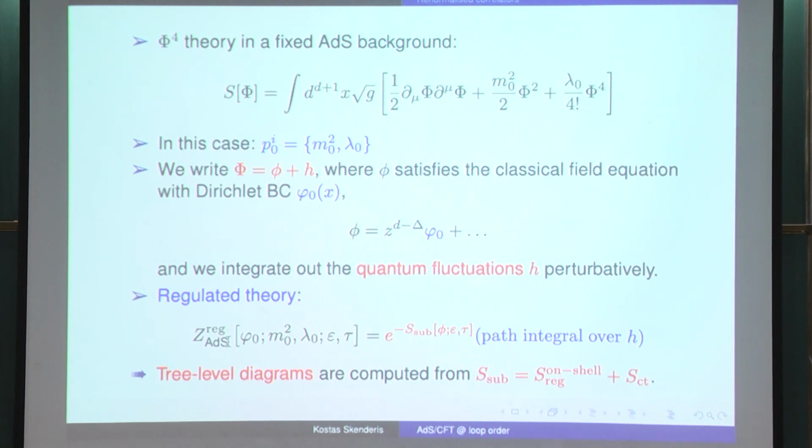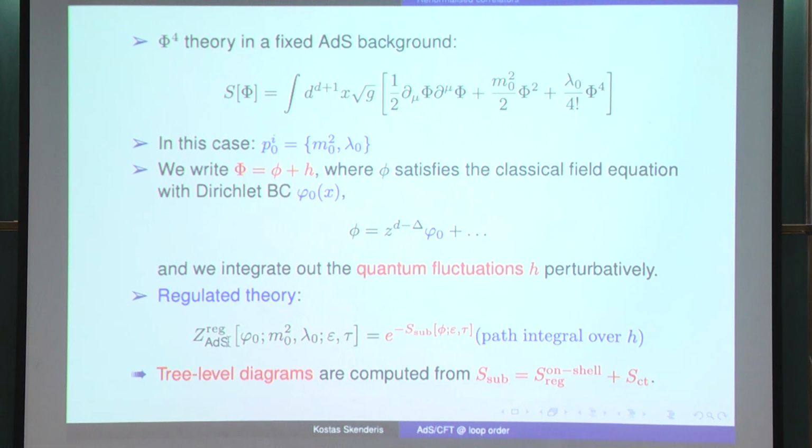Now to discuss loops, we're going to take the bulk scalar field and write it as a background plus a fluctuation. The background field satisfies the classical equations that follow from this action with Dirichlet boundary conditions. Dirichlet boundary conditions, as I discussed, means that this phi, as you go to infinity, should go to a fixed value phi naught. This is something that we supply externally. So this is the parameter phi naught I had in my earlier slides.